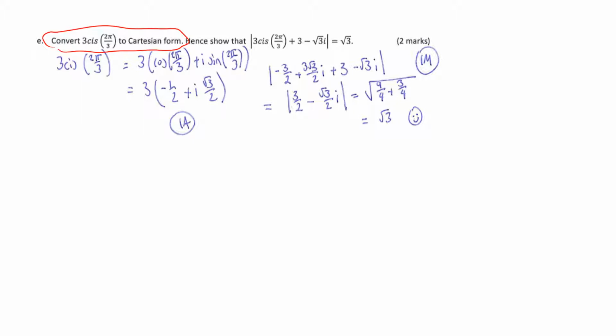Hence, using that Cartesian form, show that this is true. All I do is replace 3 cis 2 pi on 3 with the Cartesian form, collect your i's and j's, and then it's easy enough to show that the modulus of that complex number in Cartesian form is equal to root 3, and so it satisfies that condition.